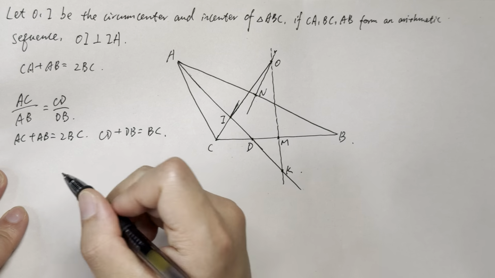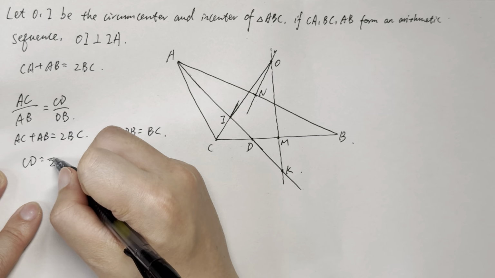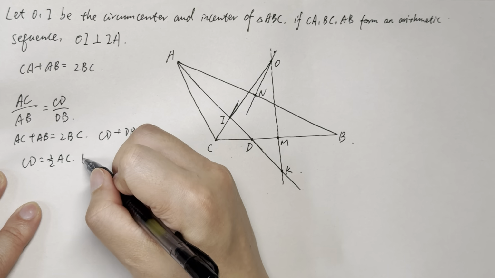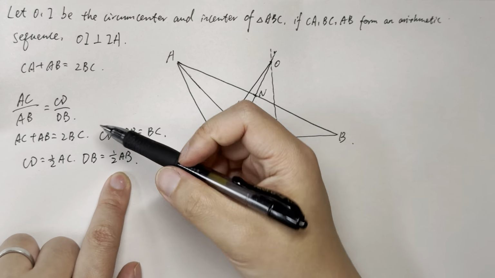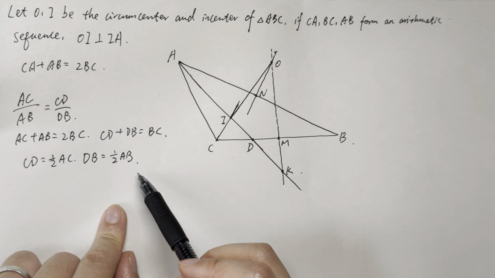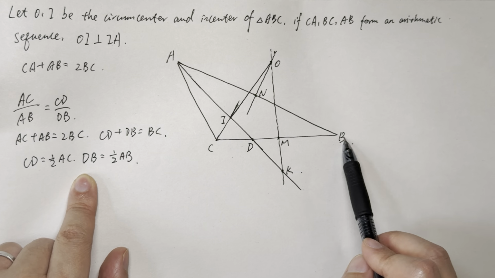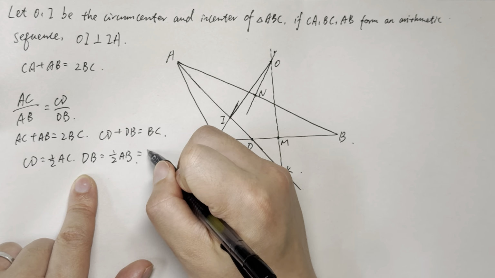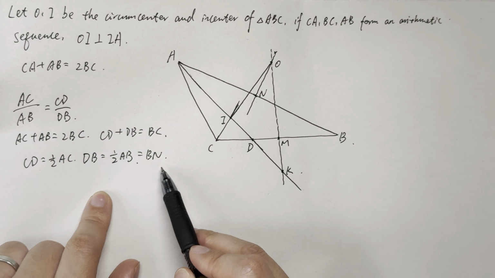That means CD equals half of AC, and DB equals half of AB. Right? Based on this ratio and this equation, we know this relation, and DB equals half of AB. That means DB equals BN. Right? DB equals BN.